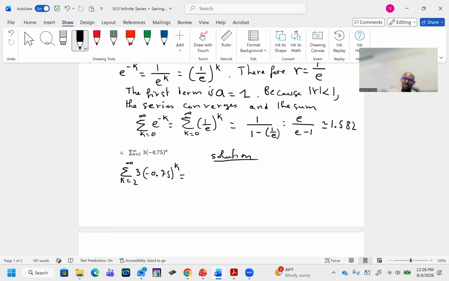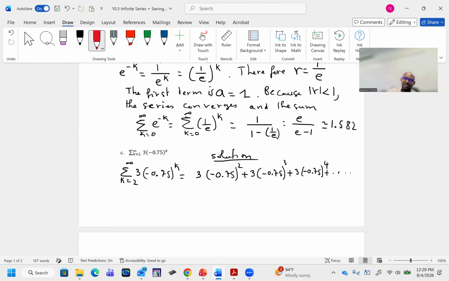So the first term is what? k is 2. So we have 3 times negative 0.75 to the power of 2, plus 3 times negative 0.75 to the power of 3, plus 3 times negative 0.75 to the power of 4, plus, and so on, right?